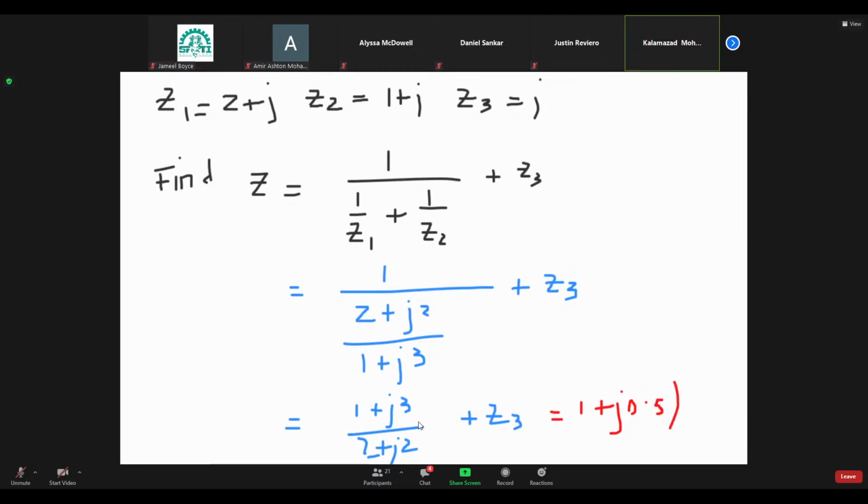And then we have to add Z3, which is G. Okay, everybody understand that? Yes. Okay, good.